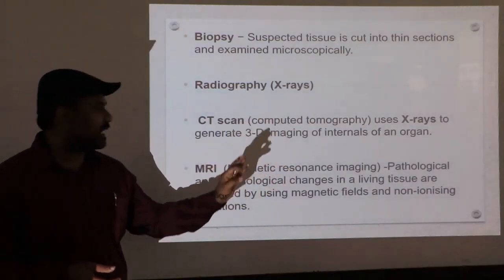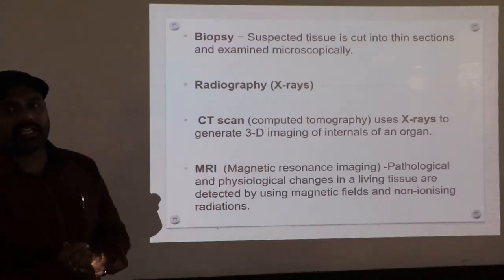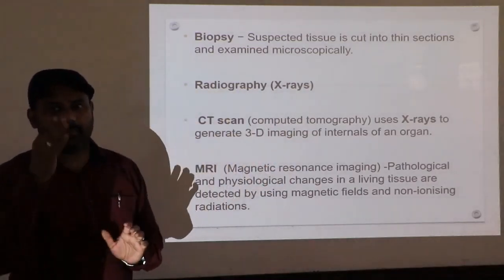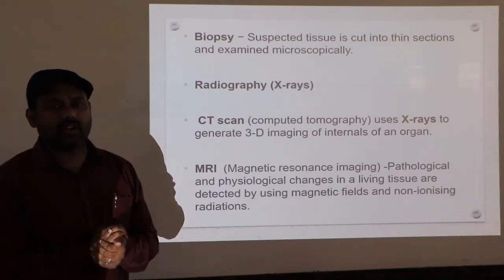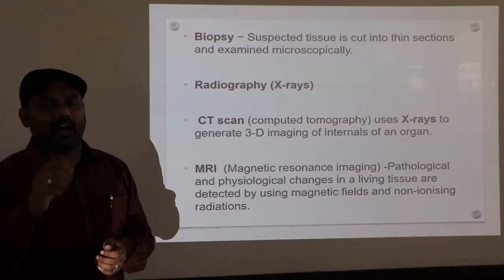Next one, MRI, that is magnetic resonance imaging. There the pathological and physiological changes are detected. The word pathology refers to a branch of science or biology that deals with the study of the abnormal condition of the internal organ.